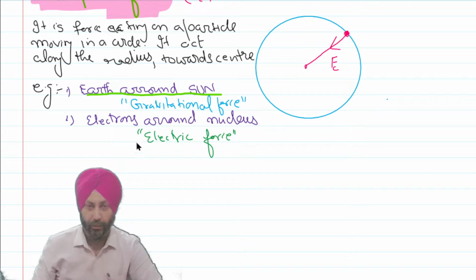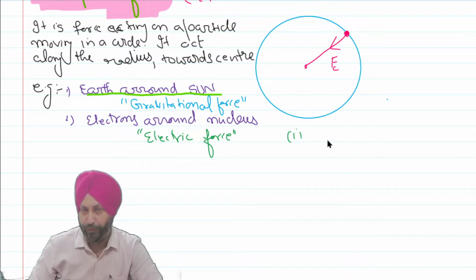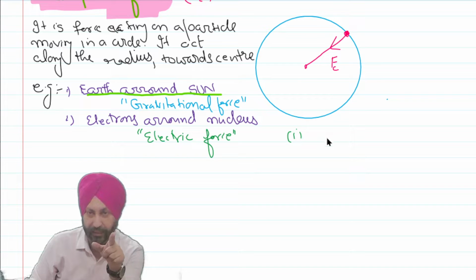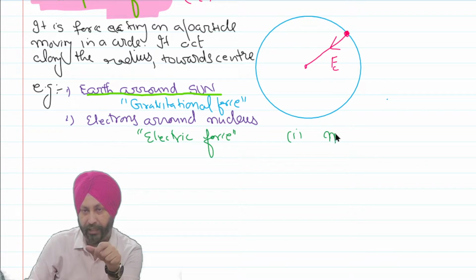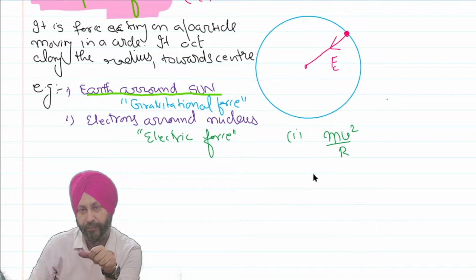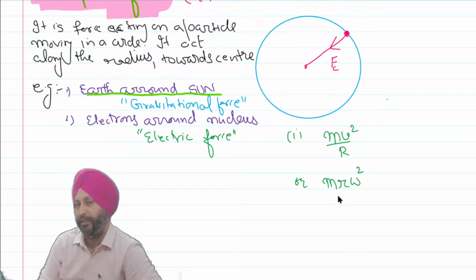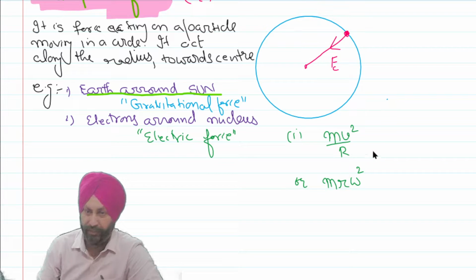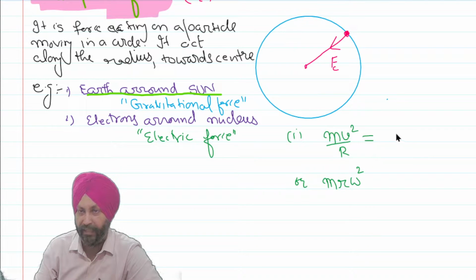Look, in both examples, whenever a particle moves in a circle, centripetal force is mv square by r, or we can write m r omega square, either of the two, the same thing. In the first case mv square by r is given by the gravitational force GMm by r square.